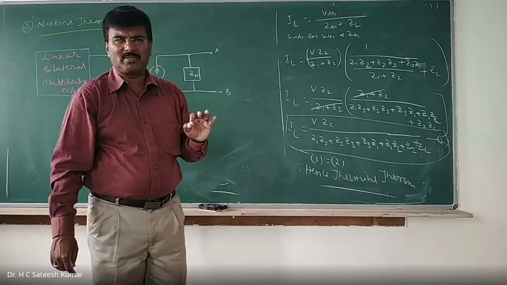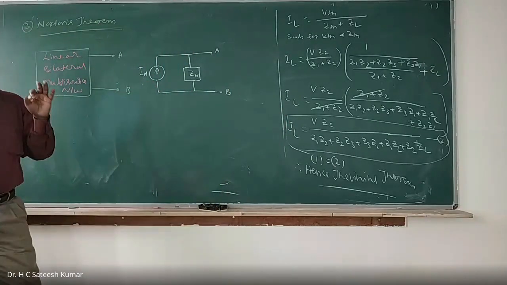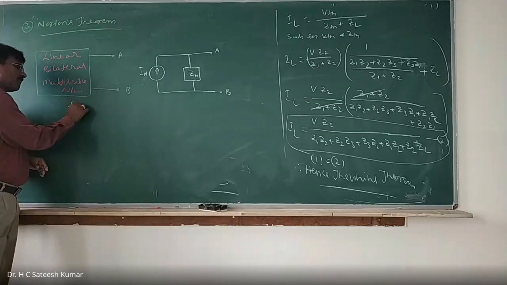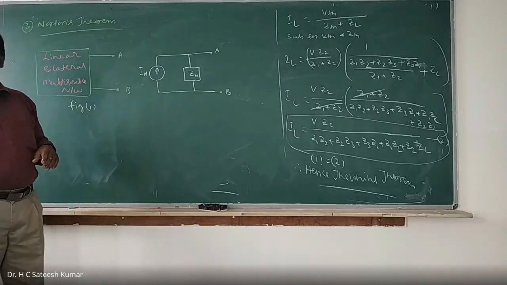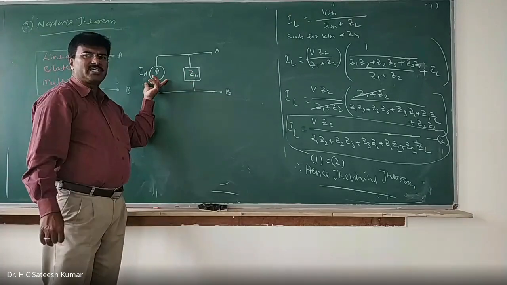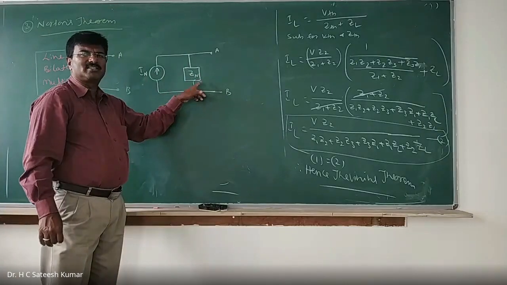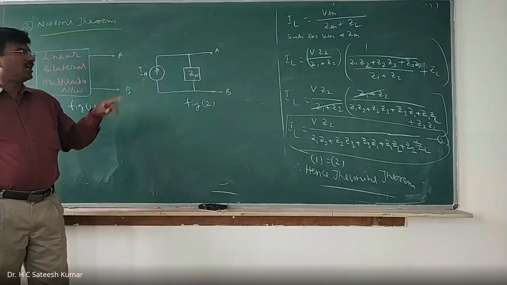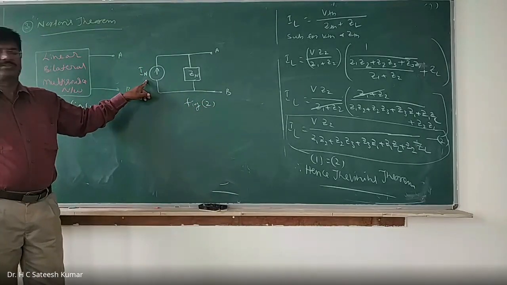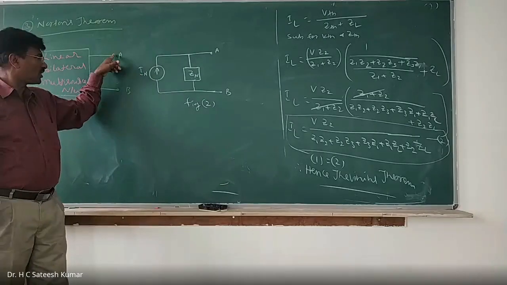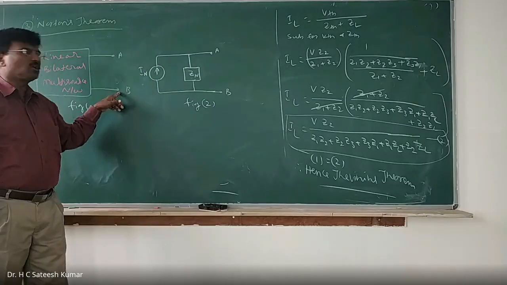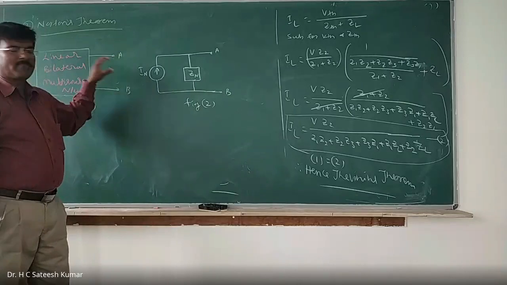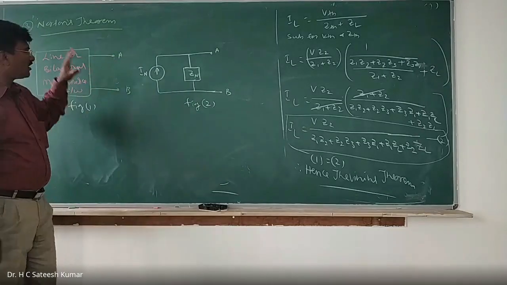I'll repeat the statement. Any linear bilateral multi-source network with terminal AB, as shown in figure 1, can be replaced by a current source IN in parallel with an impedance Zn, as shown in figure 2, where IN is the Norton's equivalent current source, which is the short circuit current obtained from short circuiting the load terminals, and Zn is the open circuit impedance seen from the load terminals, keeping all the sources zero.